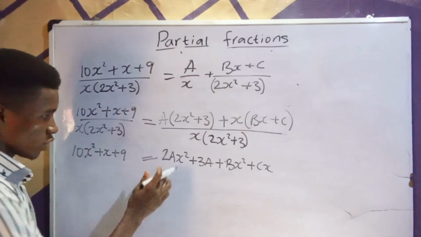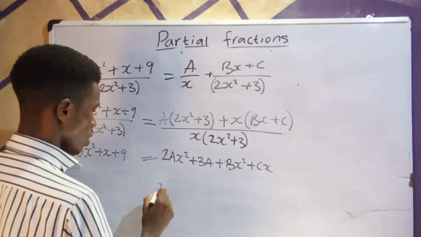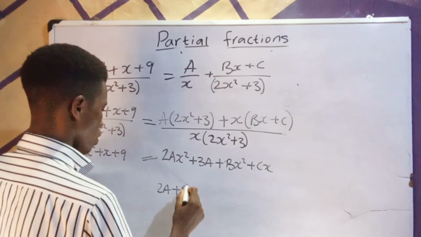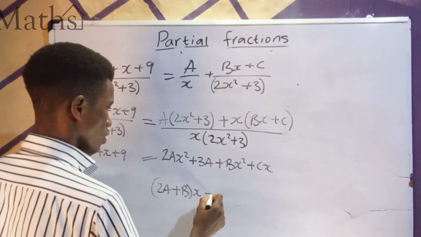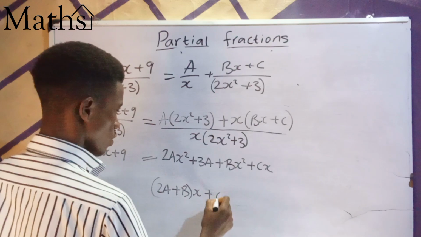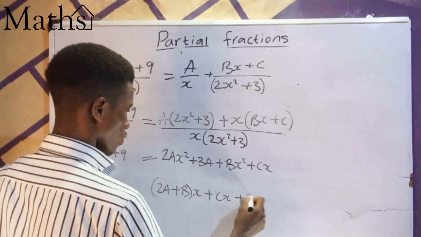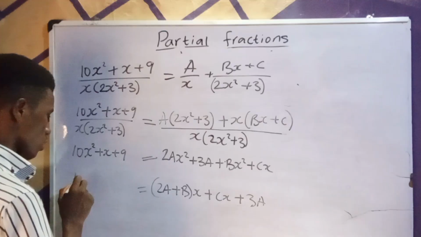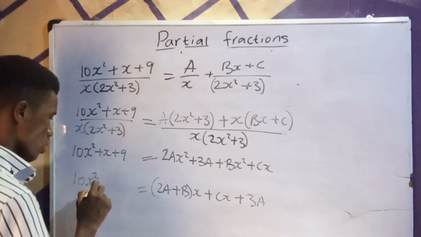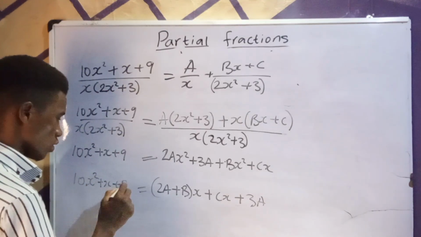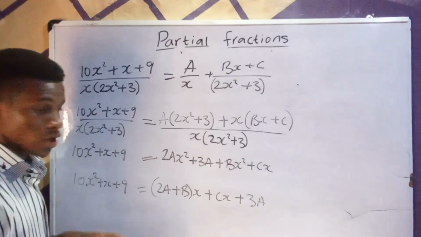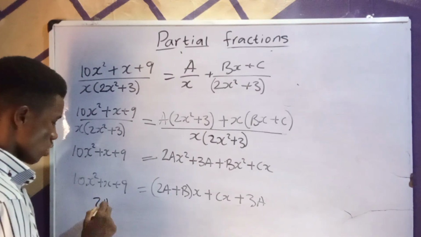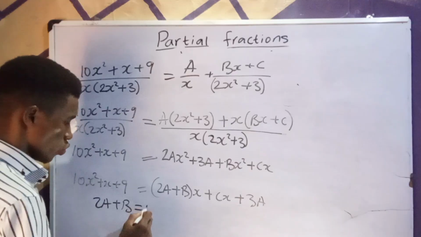So we compare coefficients, this and this. So we have 2A plus B, x squared, plus Cx plus 3A, is equal to 10x squared plus x plus 9. When we compare coefficients here, we see that 2A plus B equals 10.